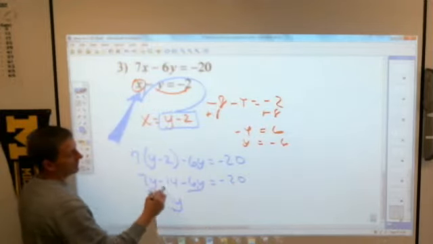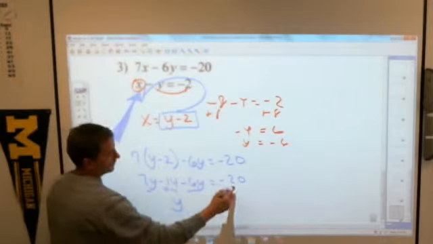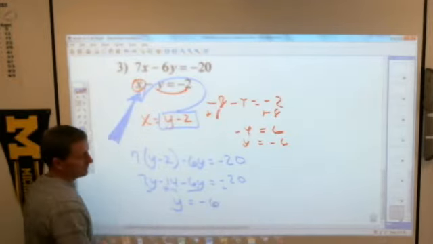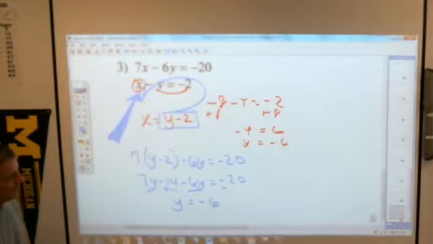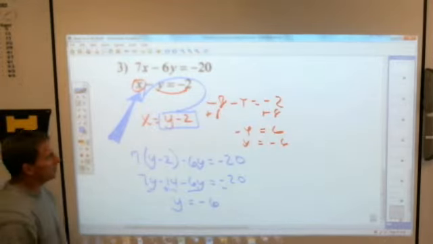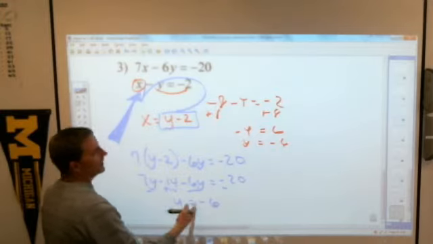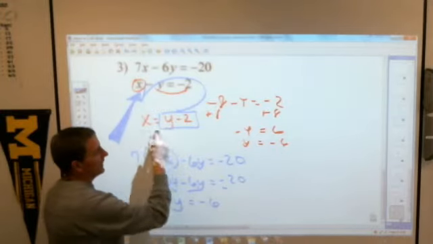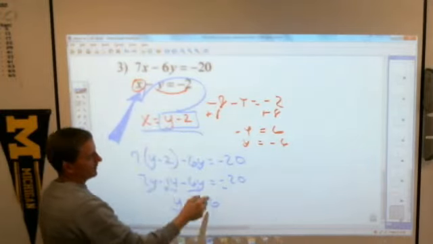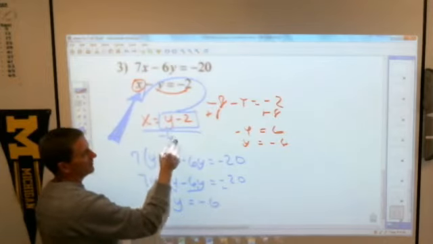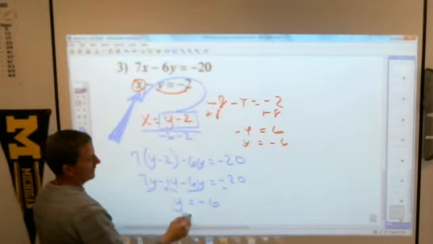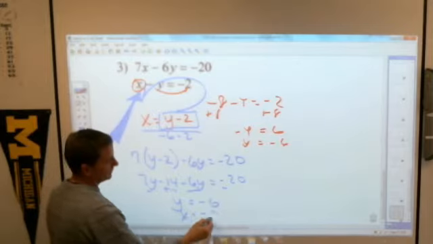You get 1y, add 14, y equals -6. Then once you knew that, which apparently Wade you solved the other way as well, you put -6 in for y. By the way, you can go back to this equation that you already solved for x and put -6 in for y right there. -6 minus 2, x is -8.